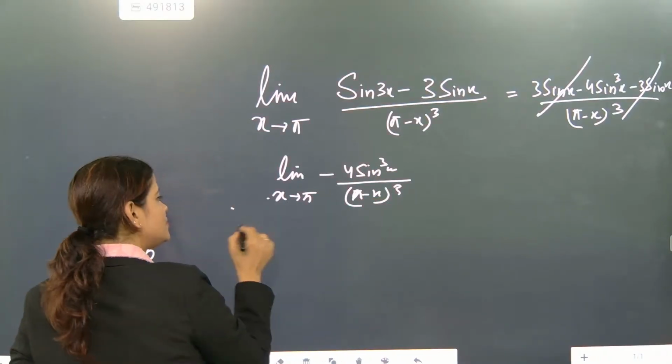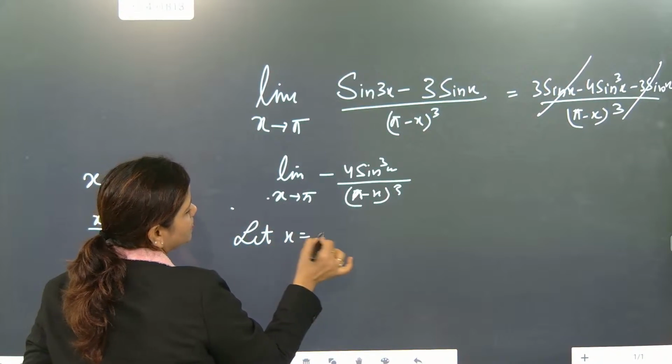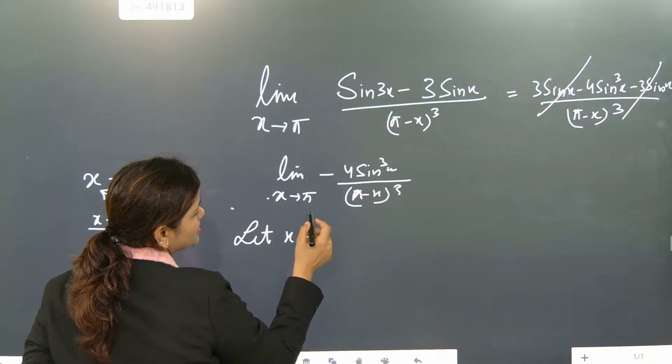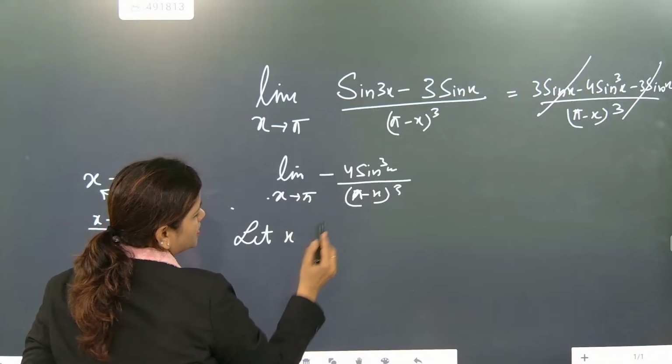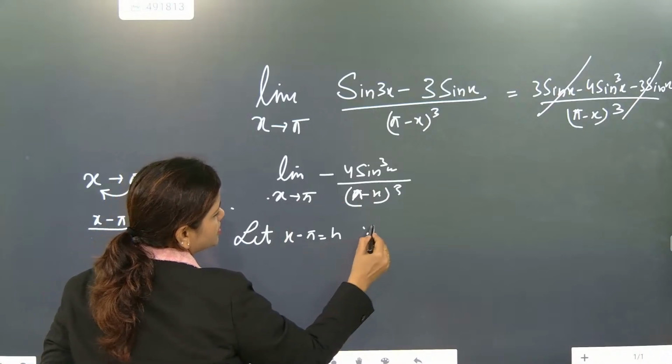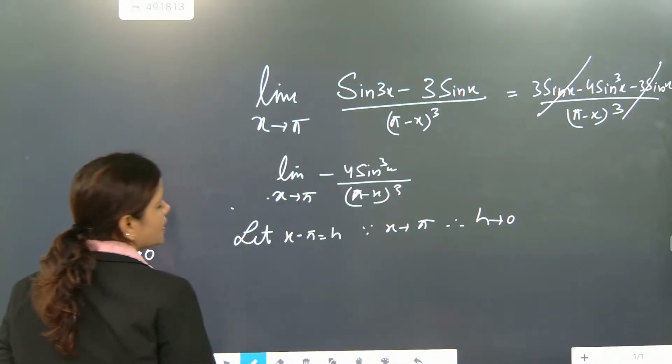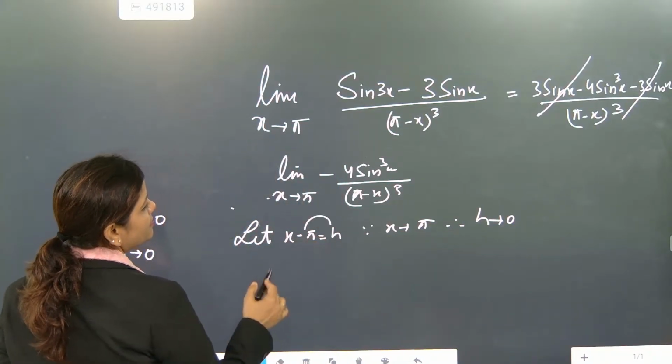Understood? Now after that you write let x minus pi is equal to h, so it will become pi plus h. Since x tends to pi, therefore h tends to 0.